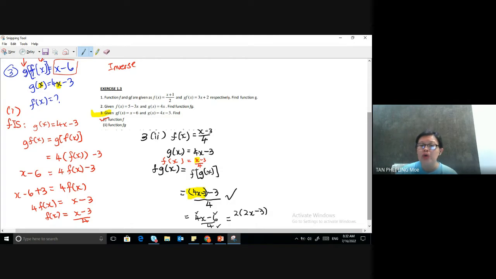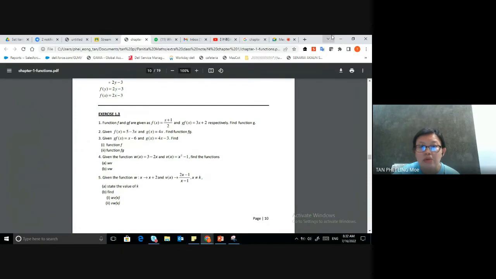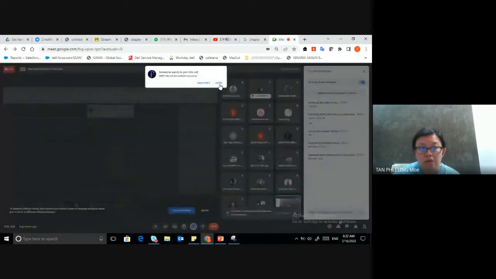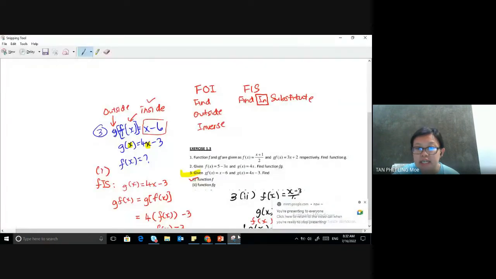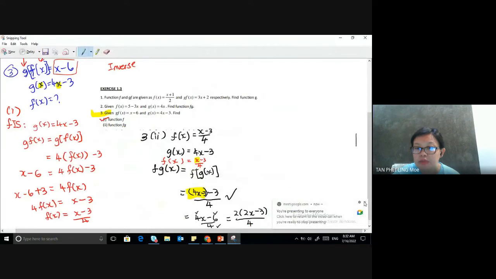How many of you don't know how to factorize? Can you raise your hand? Factorize, as in like this, meaning I take out the 2. This one is called factorize. How many of you don't know? Can you raise your hand?